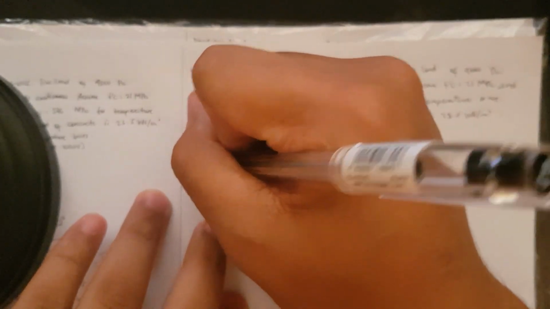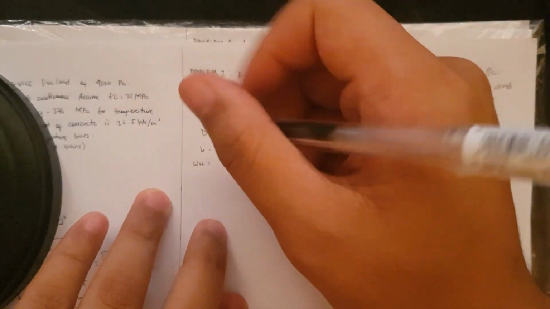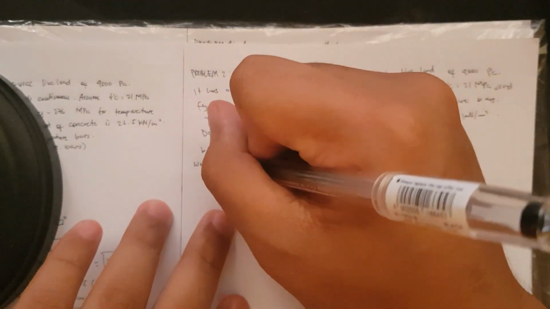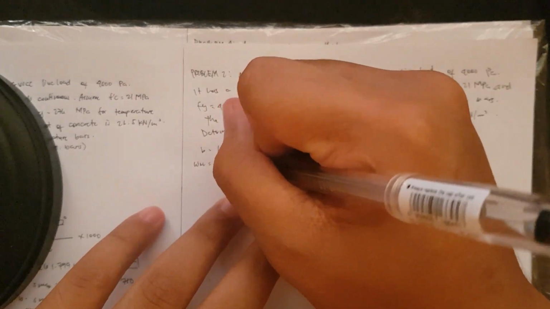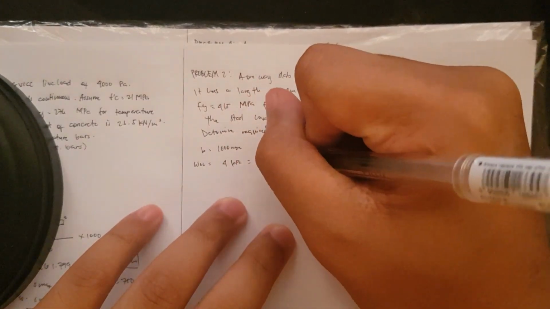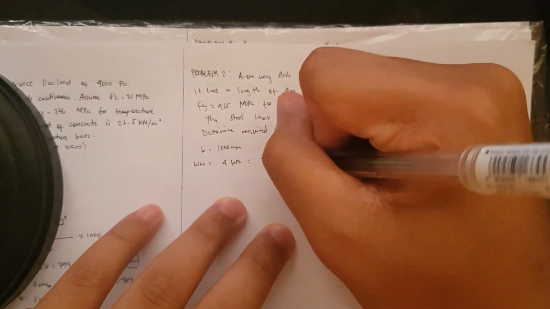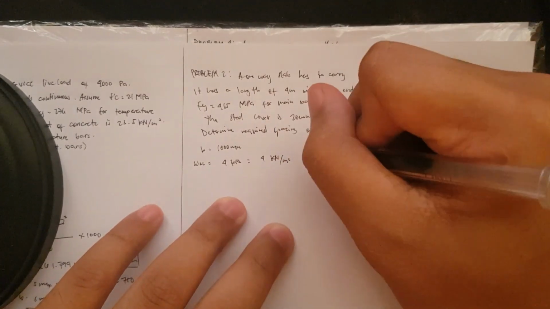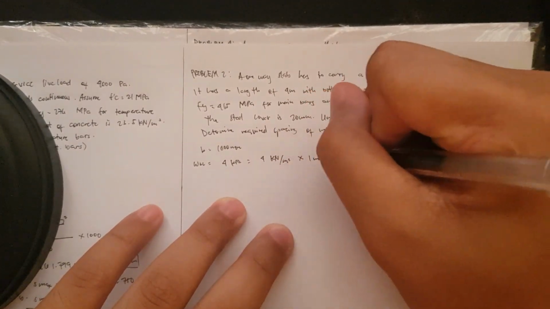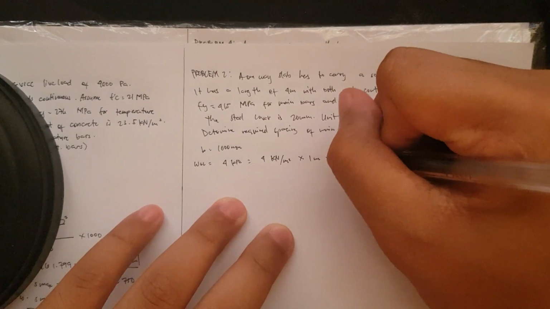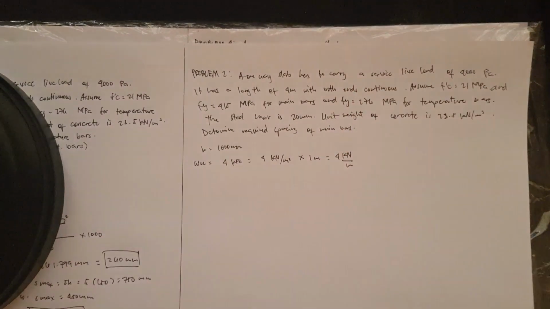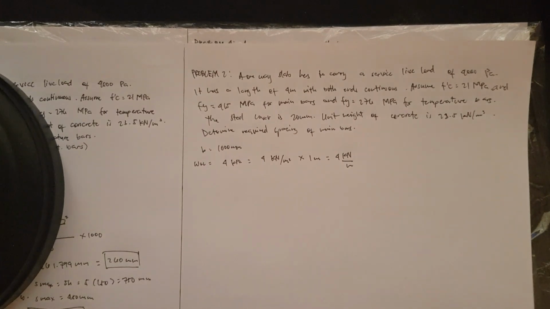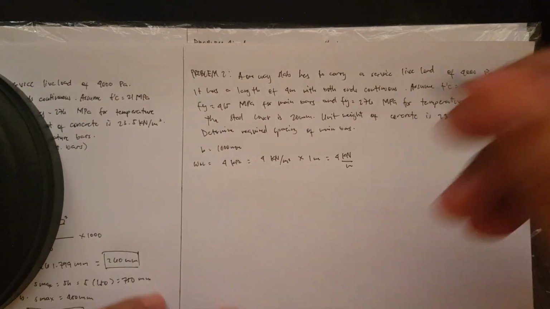So, ang formula natin is W live load is equal to 4 kilopascal. Kilopascal siya, so is equal siya sa kilonewton per meter squared times natin sa 1 meter para maging 4 kilonewton per meter na lang siya.